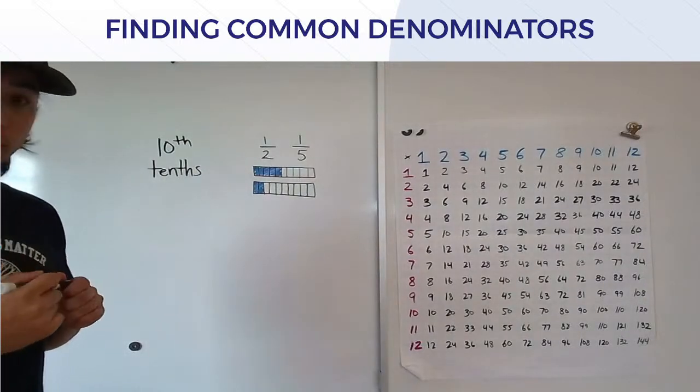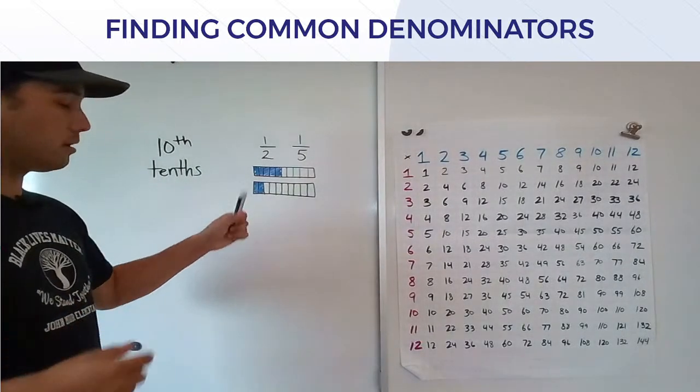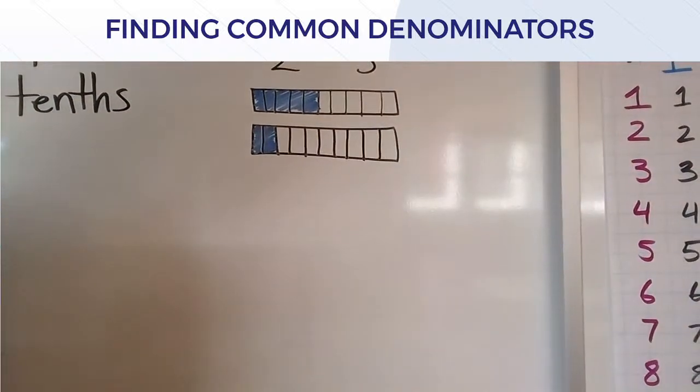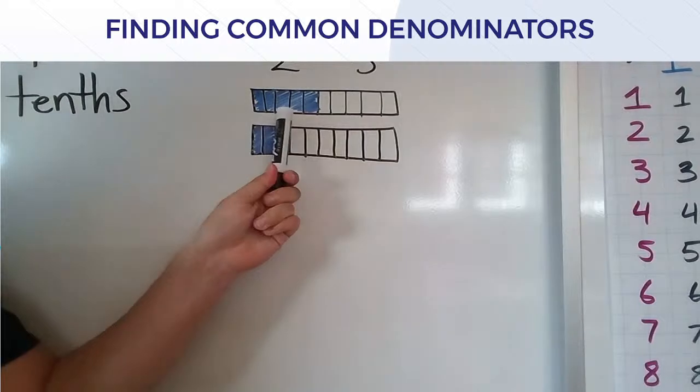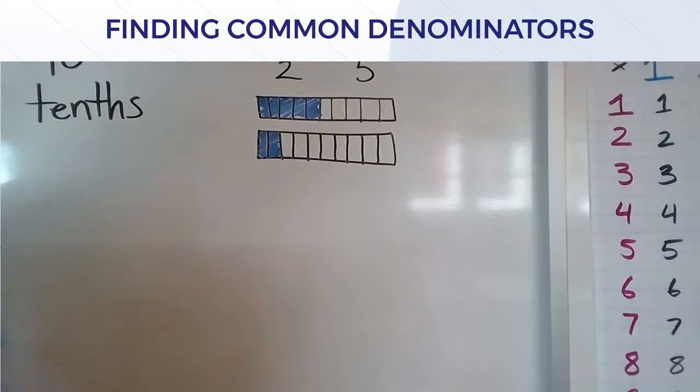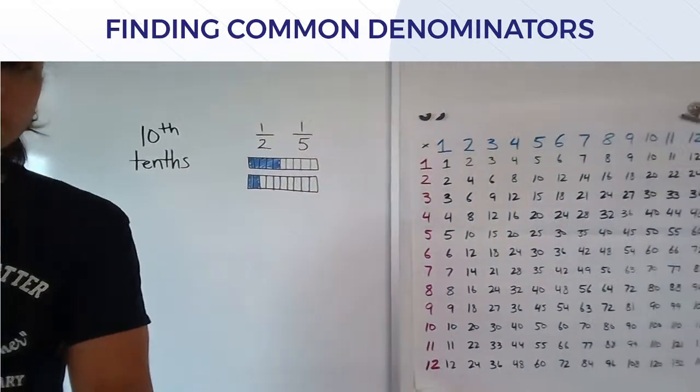And what we end up with are, I'll zoom in here, 10 equal pieces, or tenths. So we've cut both of these fractions into tenths. Okay, so tenths would be our common multiple here.